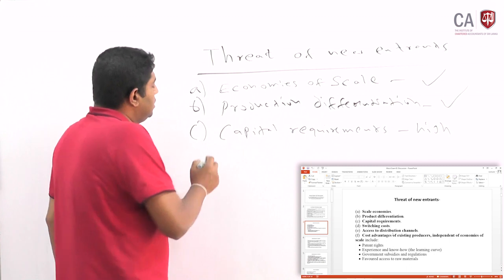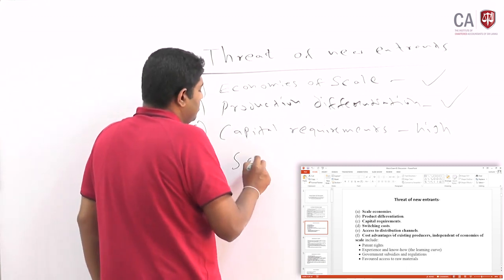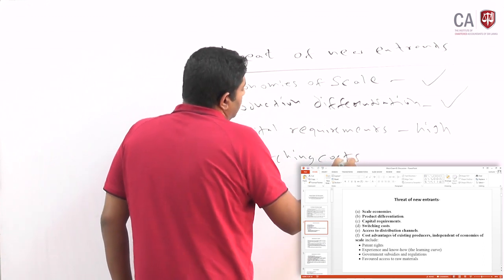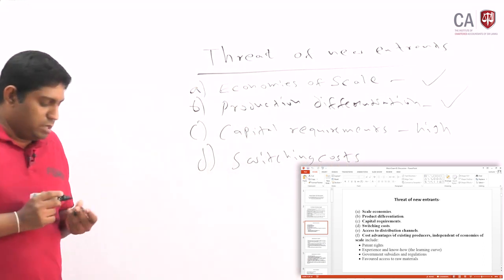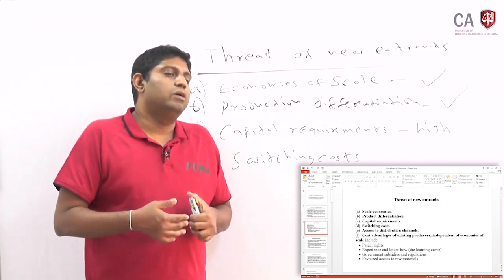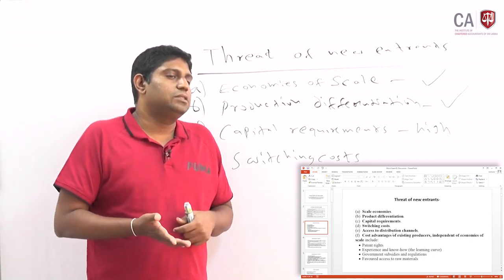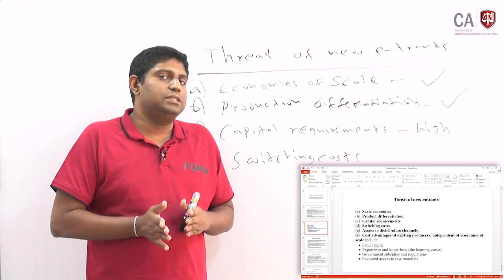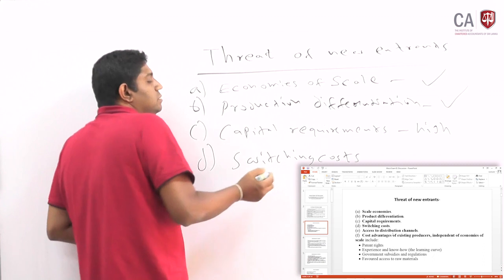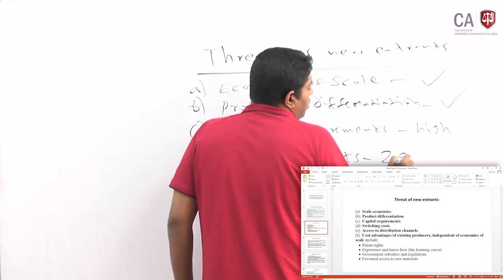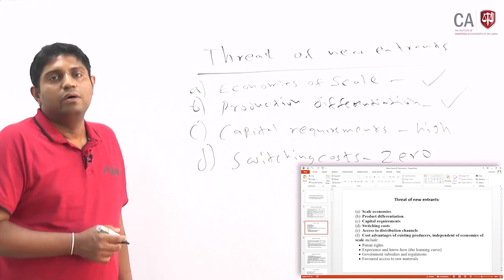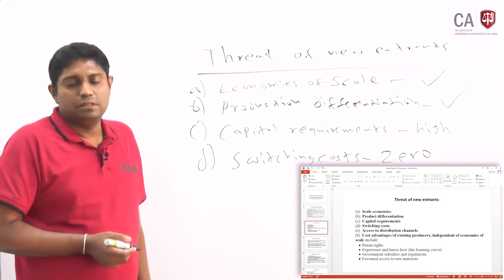Then switching cost. What about switching cost? Switching cost is the cost of the customer to transfer from an existing product to a new product. Here switching cost will be 0, there is no switching cost, they do not need to spend additional money on this.